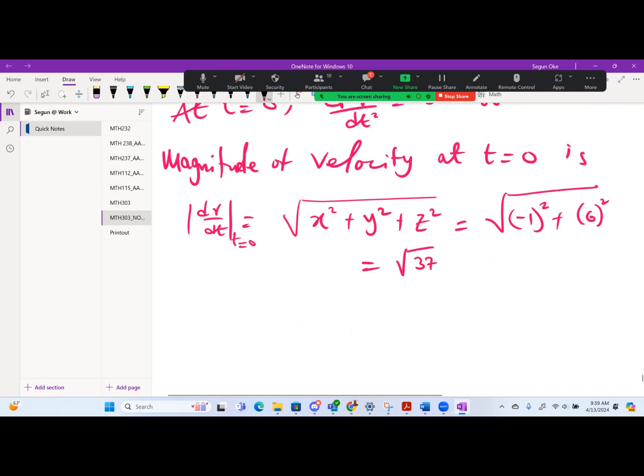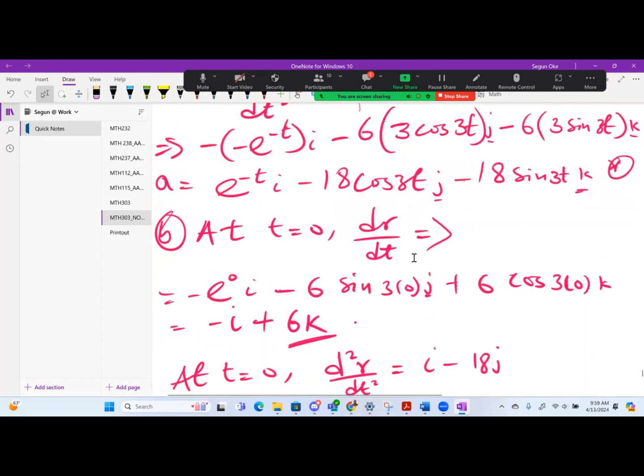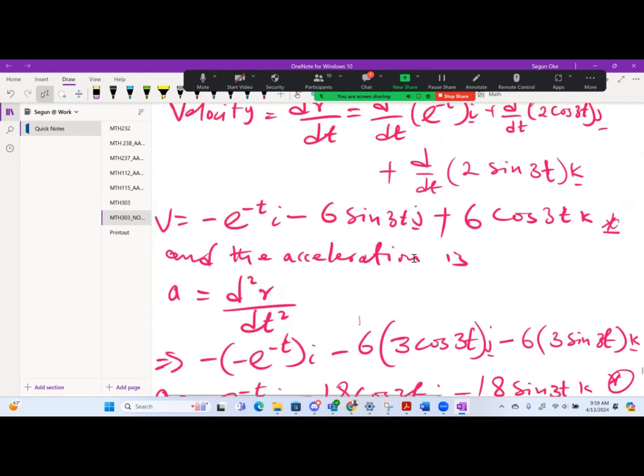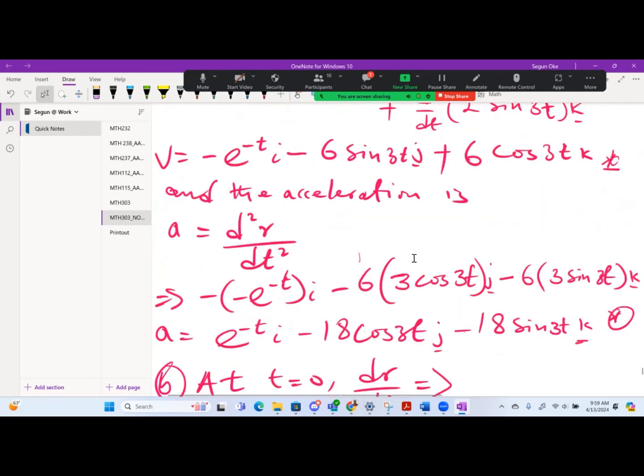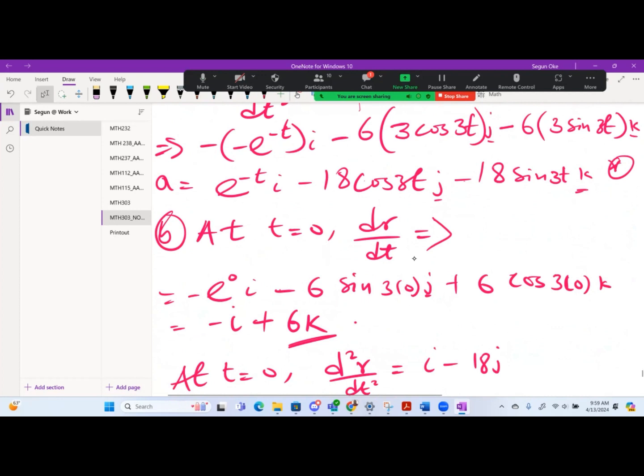Hello, sir. Go ahead. Please, I have a question where you wrote minus exponential. Okay, at t equal to 0, where we have minus exponential 0 i. But I thought anything raised to power 0 is 1. That means minus. You got it exactly, but not anything raised to power 0, e raised to power 0 at this point. Punch your calculator.